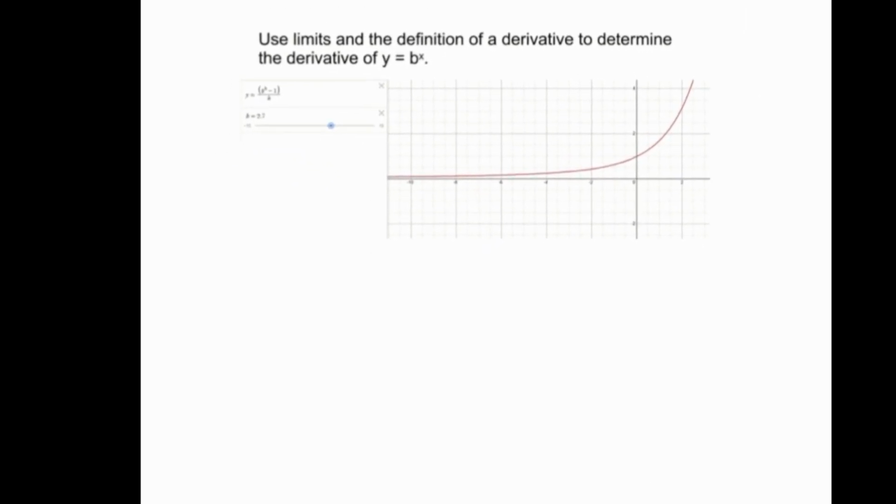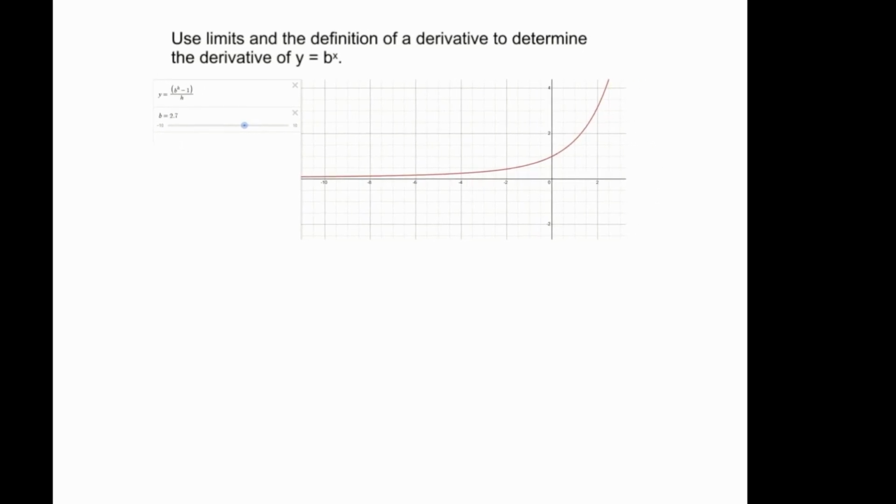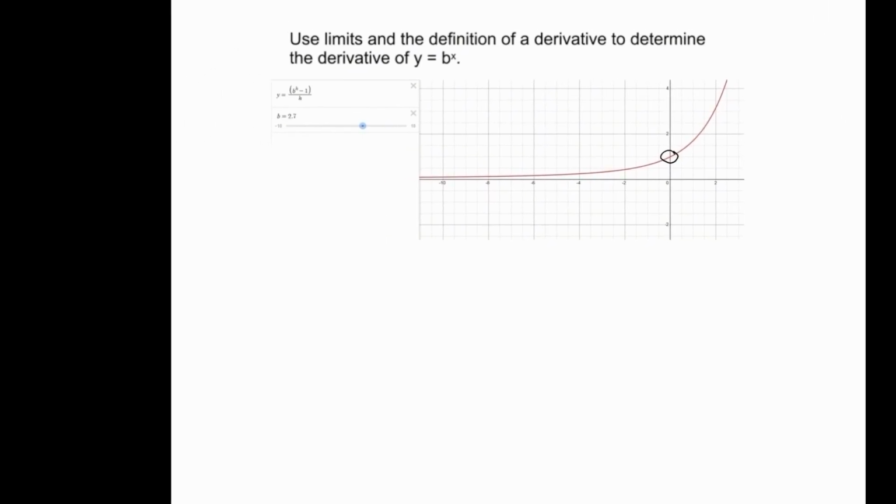So what happens if the limit as h approaches 0 of b to the power of h minus 1 over h equals 1? Take a look at what's happening here. As it equals 1, you can see that the base is about 2.7.